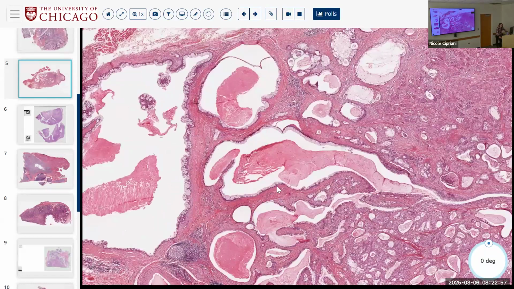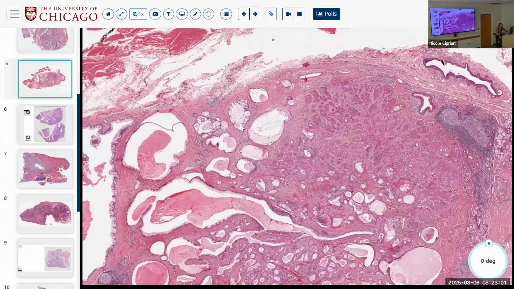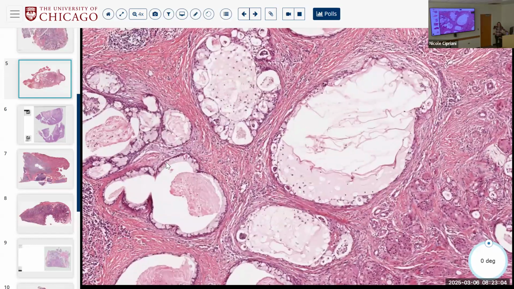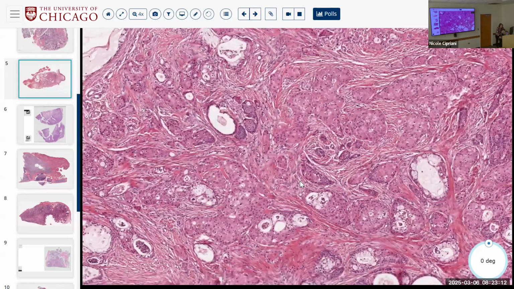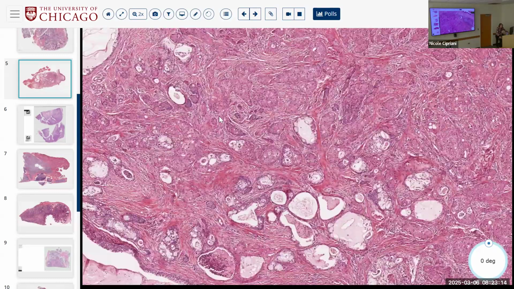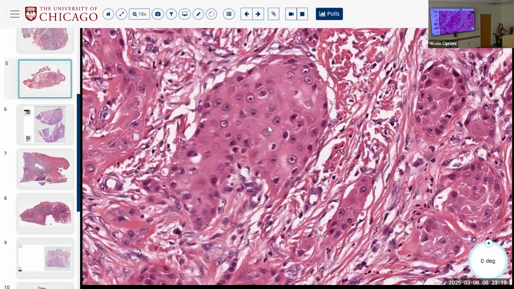And so when you see macrocystic, microcystic, and solid growth patterns with an abundance of mucocytes, what should you already have at the top of your differential? Mucoepidermoid carcinoma, right?